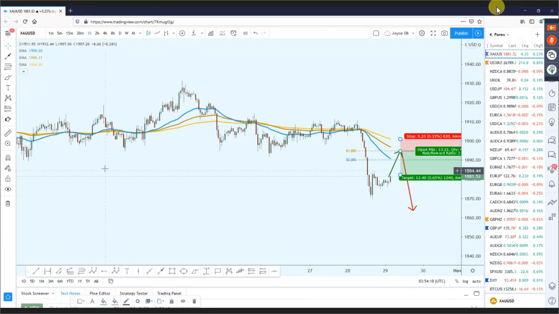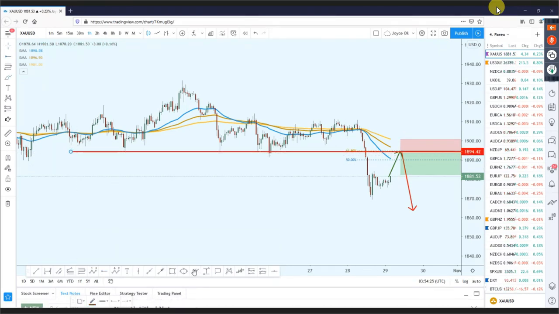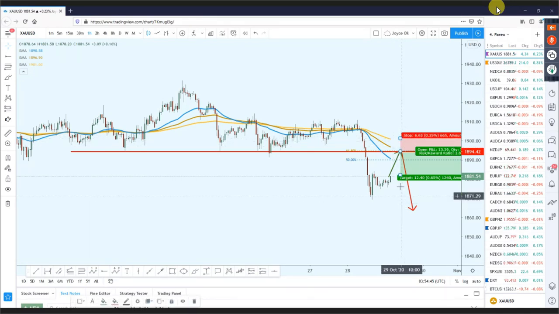As you can see, if I draw a line across the entire 61.8, look at how price reacted off again and again, even before this last push was created. Okay, so this would be my ideal entry. And my stop loss, I'll put it right where the golden river is.